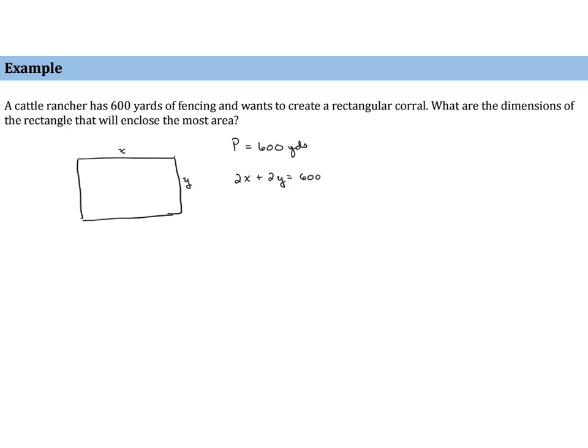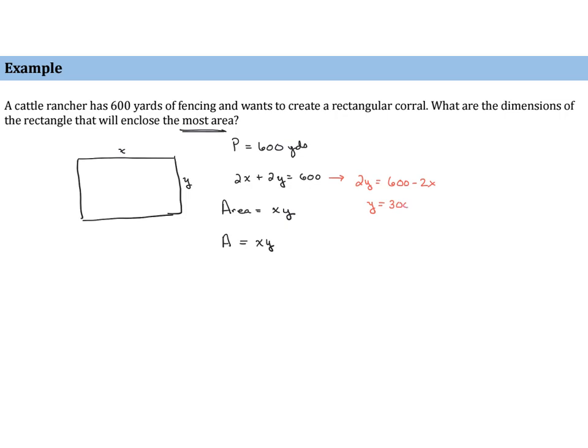Now we want to know about the area. The area of our rectangle is going to be x times y. So if I let A be a function, A is going to be x times y, but that's too many variables. So let's go back up here. 2x plus 2y equals 600. This means that 2y is going to be 600 minus 2x, and then we can divide everything by 2.